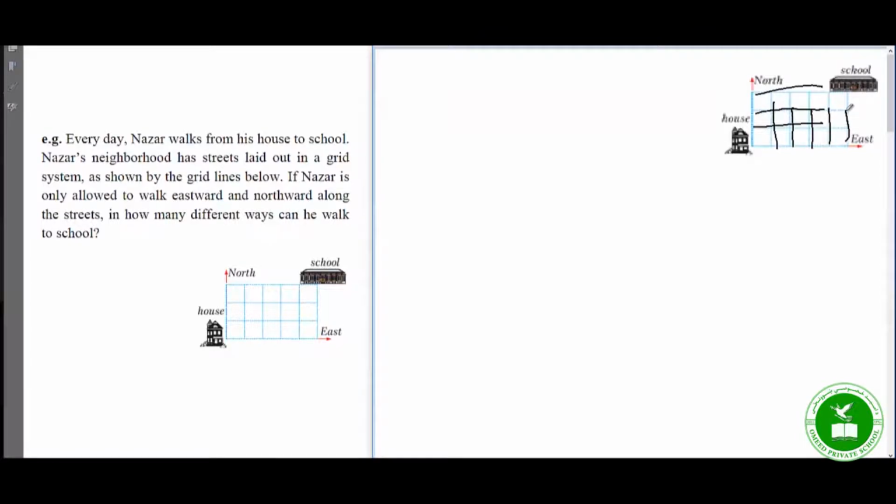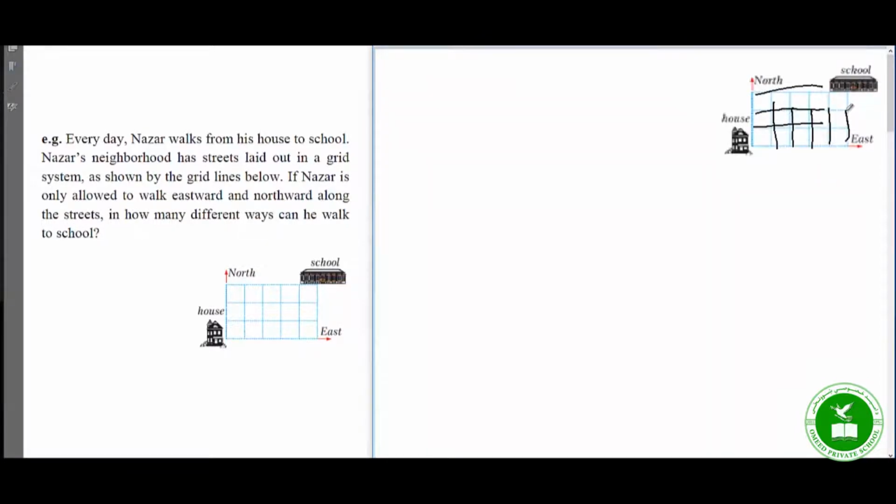All of these streets are identical for Nazar. He can go from the first, second, third, fourth, or fifth one northward, or from the first, second, or third one eastward. Any of them, it doesn't matter for him.